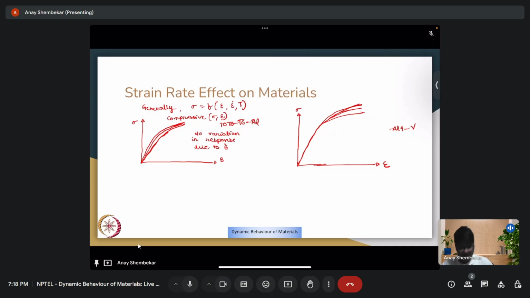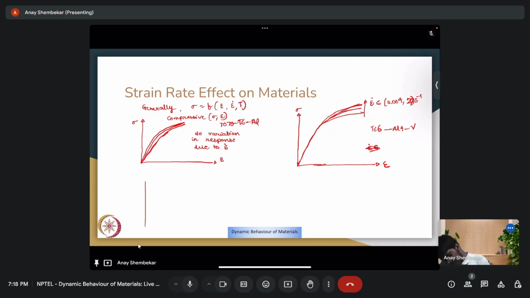Right, so three branches with increasing strain rate. Titanium 6, and here epsilon dot belongs to 0.004 to 2 second inverse to 20 second inverse.